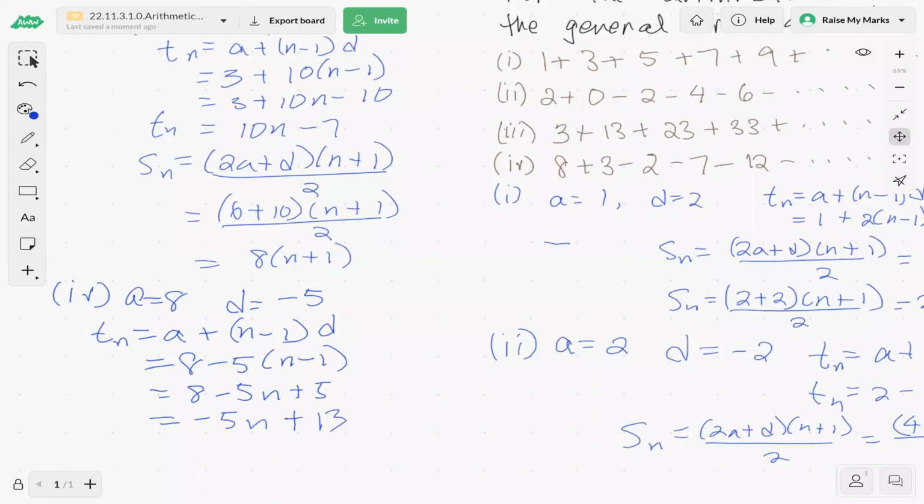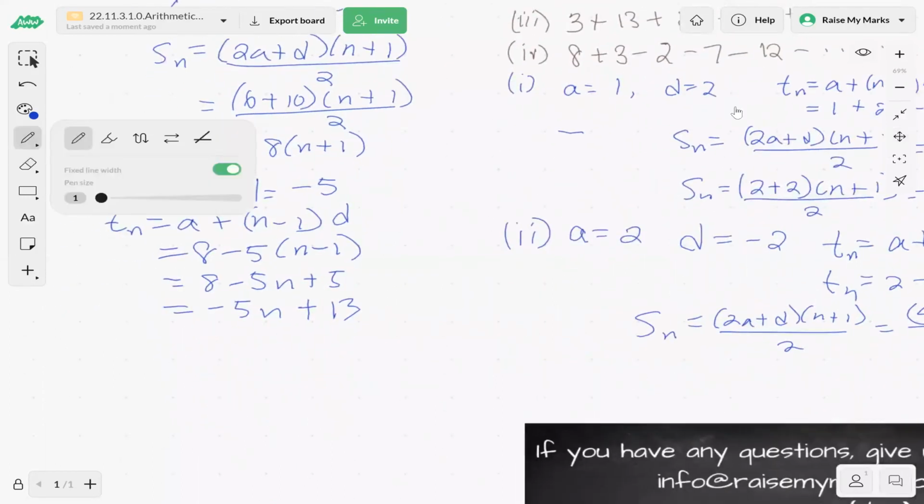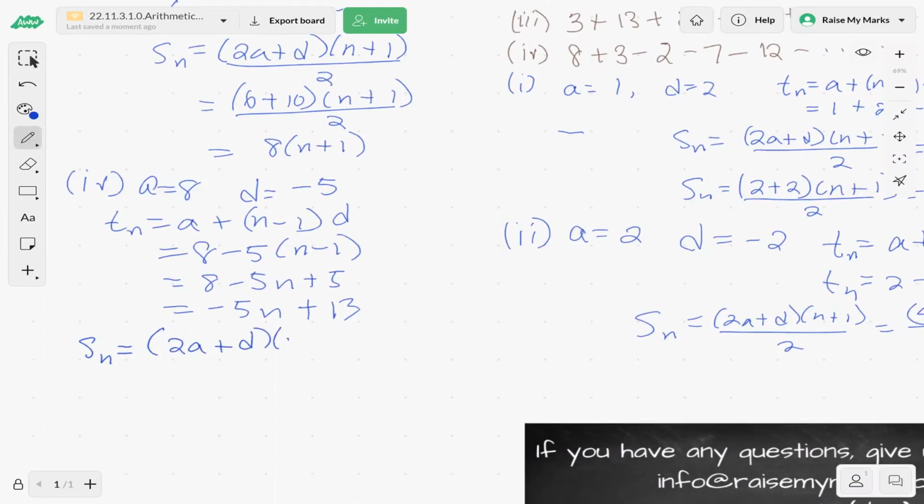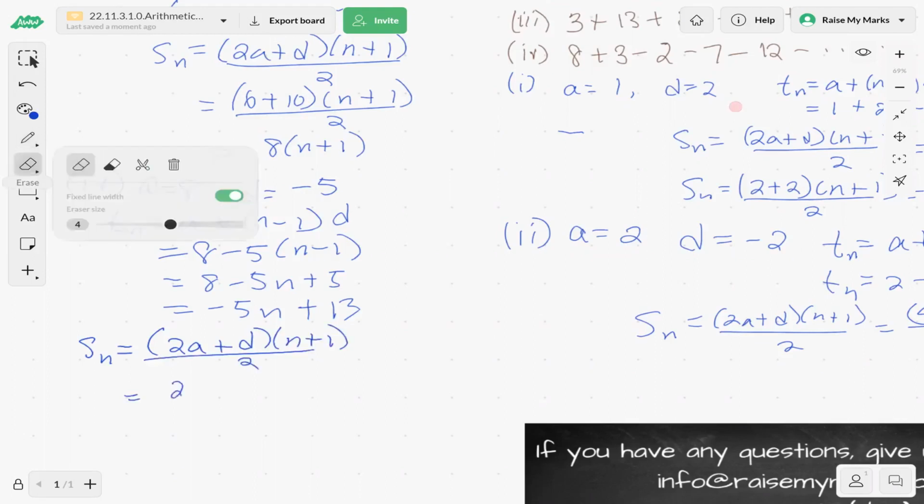Okay, excellent. So now the sum of the first n terms of our series is given by (2a plus (n minus 1)d) times n over 2. Let's plug in the values that we know. A is 8, so 2 times 8 is 16. Our d is -5.